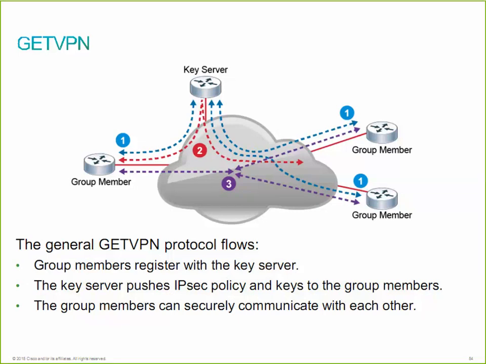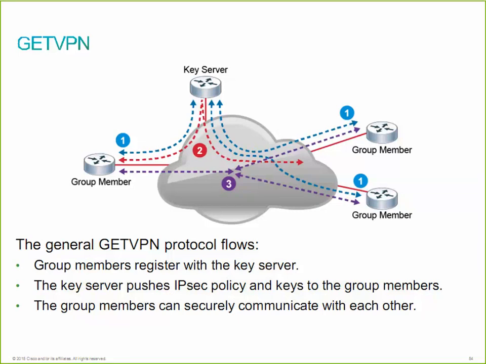So far, we've been pretty much talking about hub and spoke VPNs, right? We haven't got to the DMVPN concept, which is still traditionally hub and spoke, regardless of the phase of DMVPN that you're running. But GETVPN allows you to deploy a very complex, redundant, fully meshed VPN architecture.